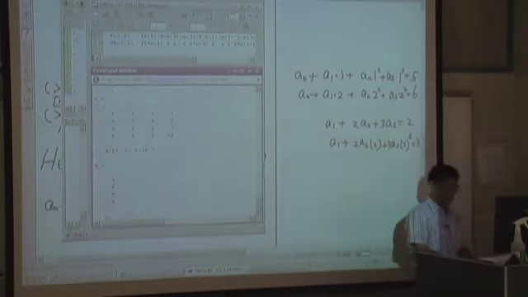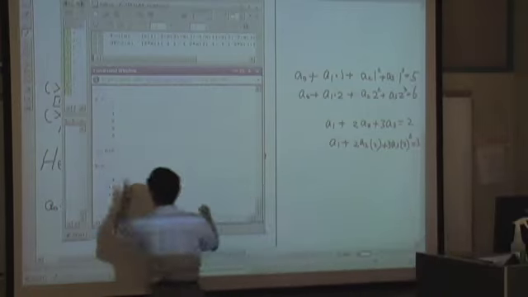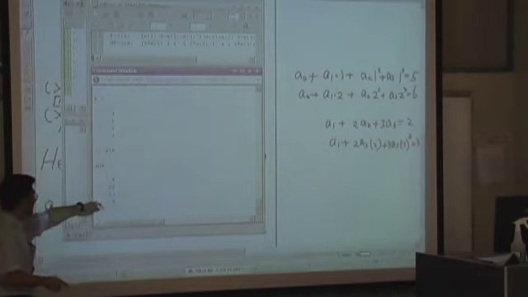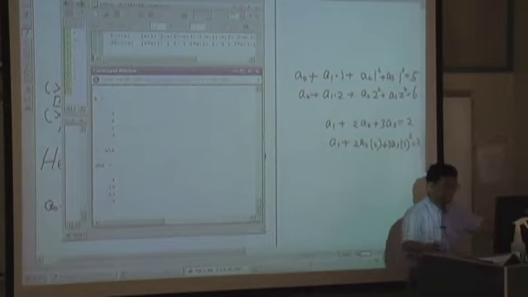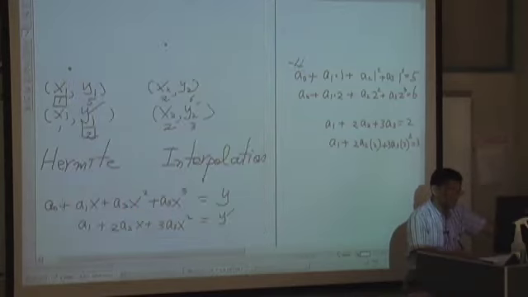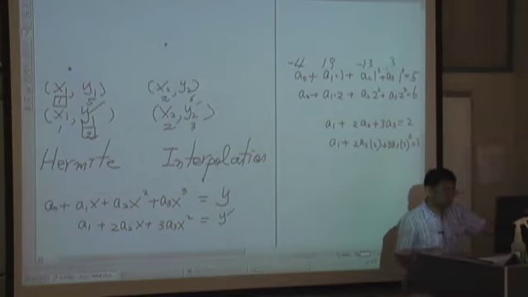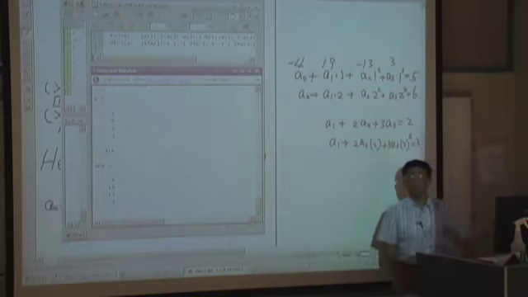Then let's solve it. Negative 4, 19, negative 13, 3. So these are the numbers that we obtained. Do you follow me?